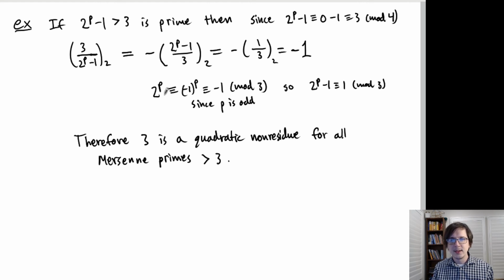So notice that mod 3, 2 to the p is (minus 1) to the p, and since the Mersenne prime is bigger than 3, p is not 2, so p is an odd prime, and minus 1 to the odd is minus 1. So we can calculate then that the Mersenne prime mod 3 is 1. So the symbol reduces to just (1/3). And 1, of course, is a square mod 3, so this Legendre symbol evaluates to 1, and so we're left with minus 1. So we can conclude that 3 is a quadratic non-residue for all Mersenne primes.